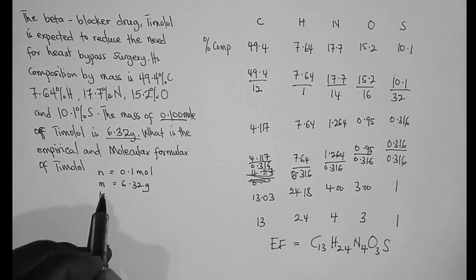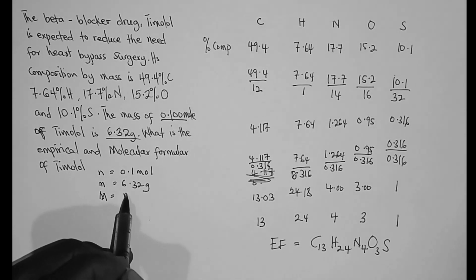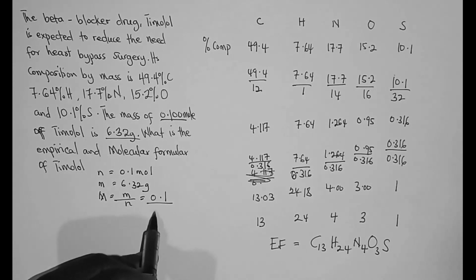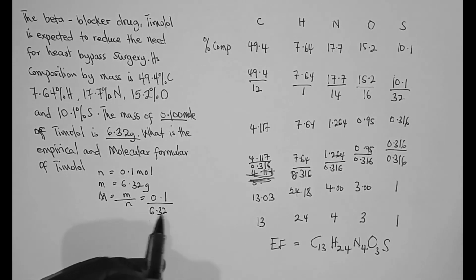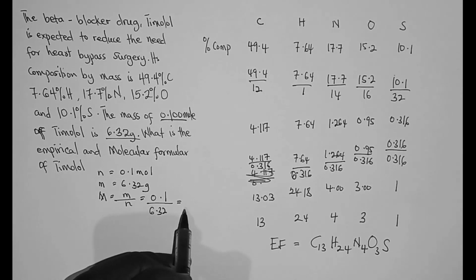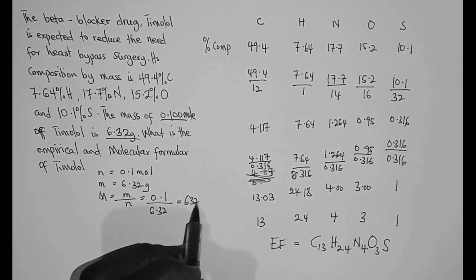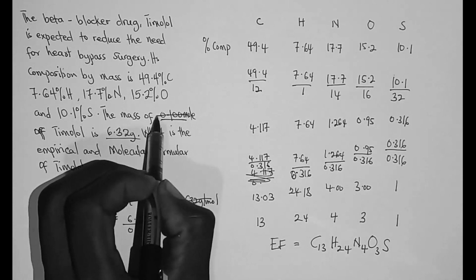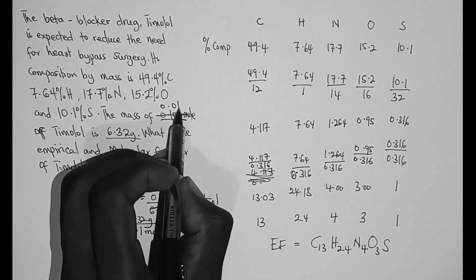I know that molar mass is equal to mass over number of moles. So this is equal to 6.32 grams divided by 0.1, and this is equal to 632 grams per mole. There is a mistake here. Here is 0.01 mole.